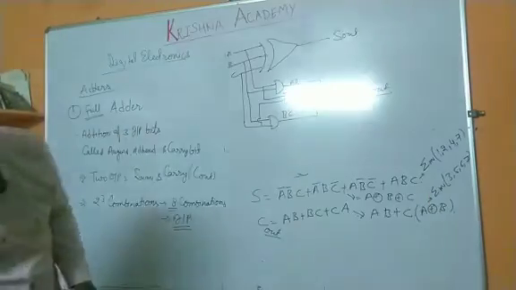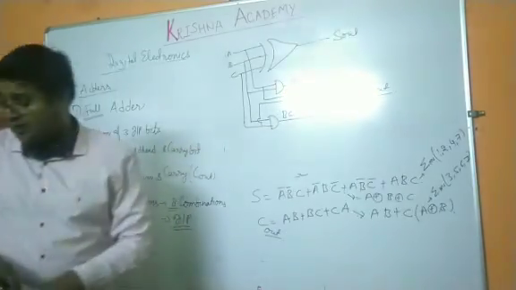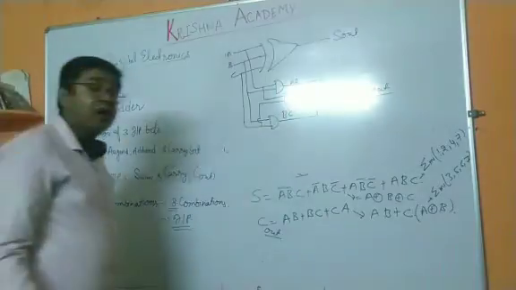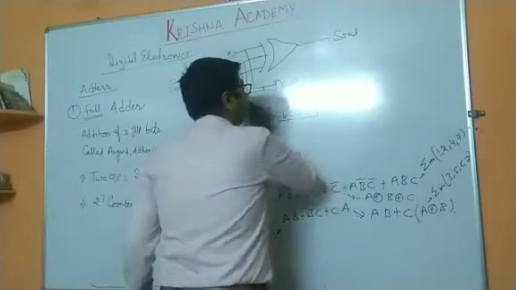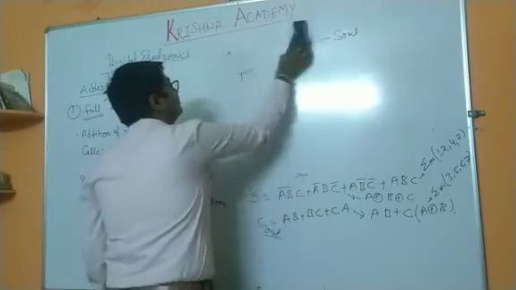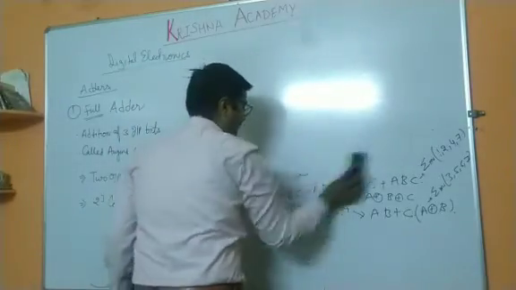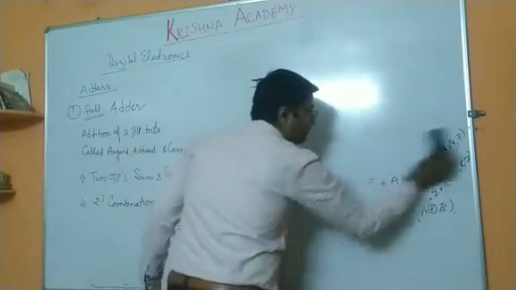Now it can be shown in a different circuit too. If we want to implement a full adder using 2 half adders, this can be done too. We will draw it.